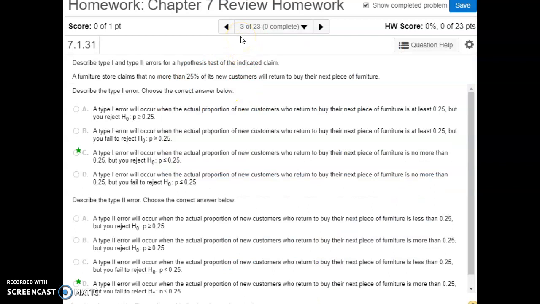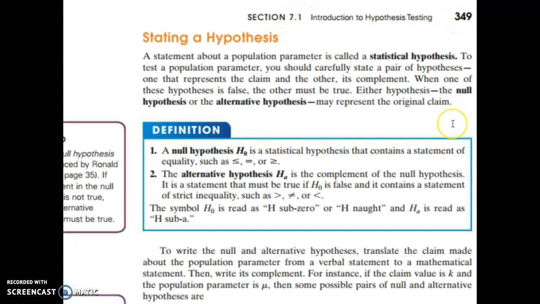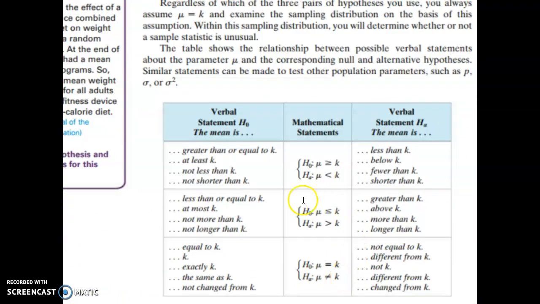So looking at this problem, the first thing we need to do is determine what the null and alternative hypotheses are. A furniture store claims that no more than 25% of its new customers will return to buy their next piece of furniture. So our keywords here are no more than 25%. There's a great chart in the book that can help with setting up the null and alternative.